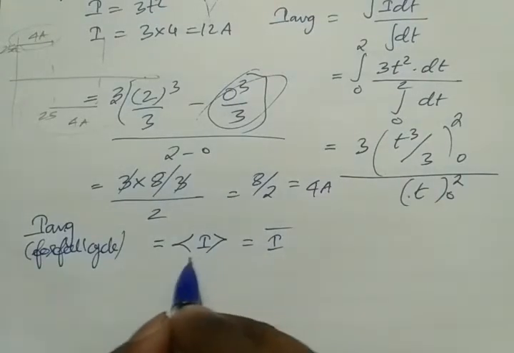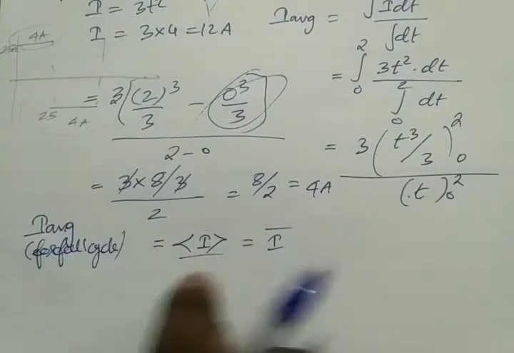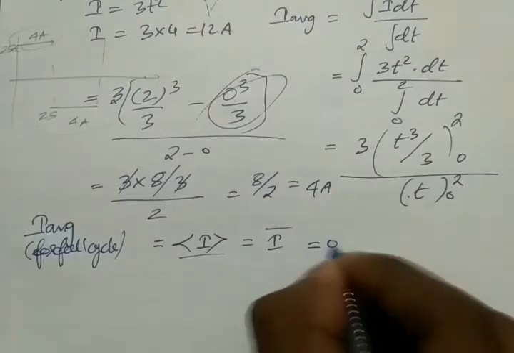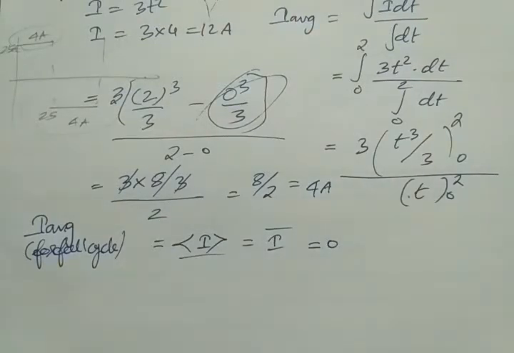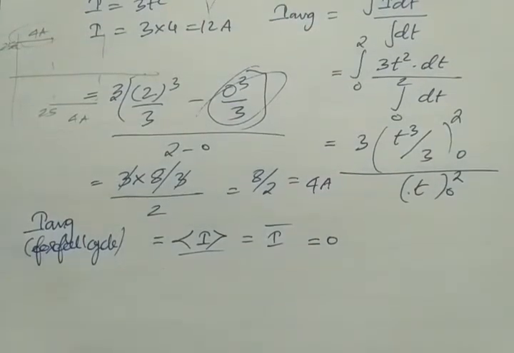In the NCERT book this symbol is given, I average will be equal to 0. Why? For average current we add 2 values divided by 2, correct? How to find the average between 10 and 12? We simply use 10 plus 12 divided by 2. Then we get the value 11. 11 is the average for 10 and 12.